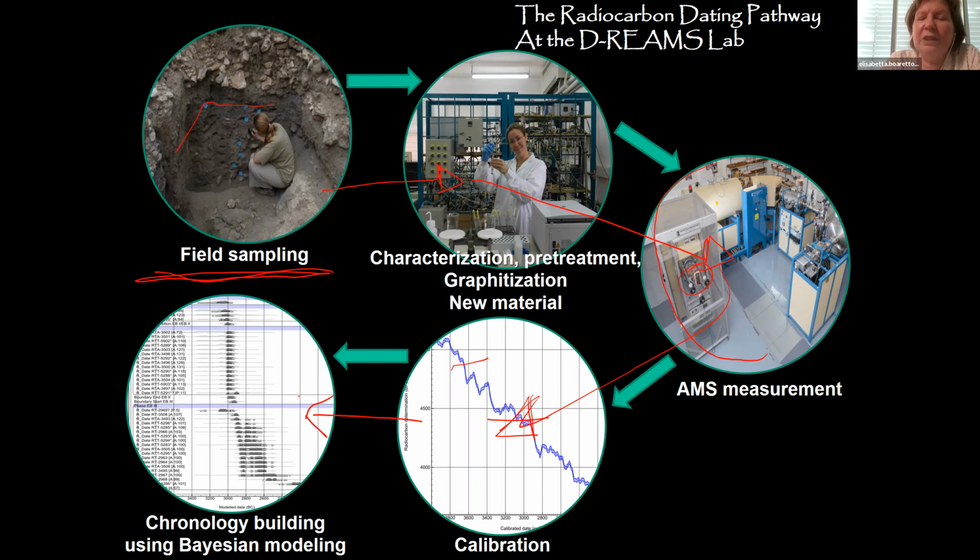All of this should be followed through all the different steps in order to build a high precision chronology, and working with the radiocarbon expert is essential in order to get a more accurate and precise chronology.